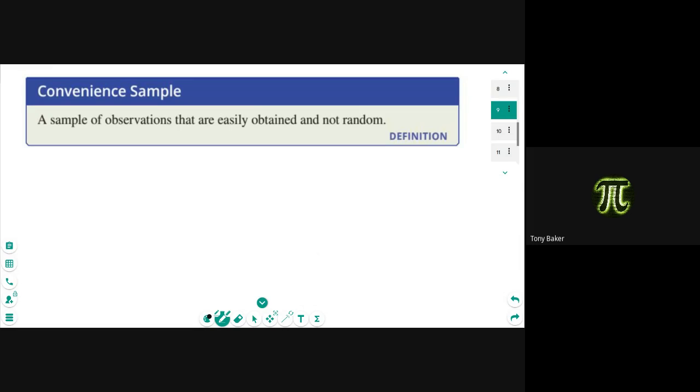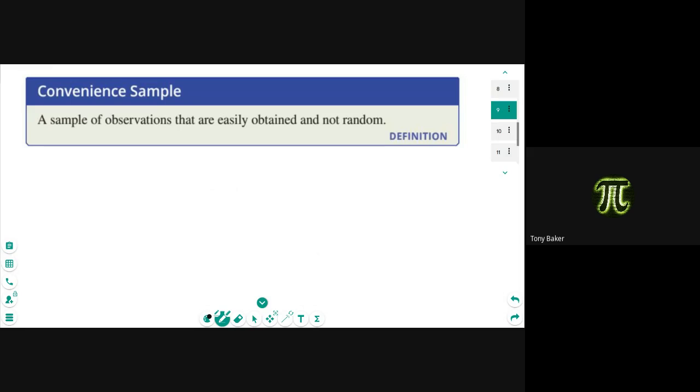What's another example? Or standing at the door of the school and just asking people as they came in. That'd be a convenience sample. I like the convenience store. It's convenient for the person who's picking up the information, which is why it's called a convenience sample. Again, not random. You cannot do the statistics and probability that we've been talking about with it.